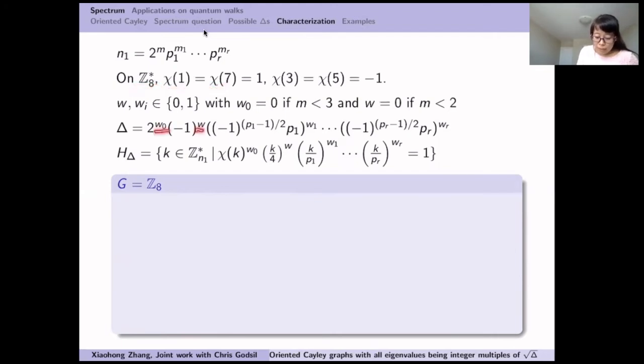Again, these Wi's can be 0 or 1, but there are restrictions on W0 and W. For each delta, we have a subgroup. So here n1 equals 8. It is divisible by 8. So there is no restriction on W0 and W. All these Wi's are 0.